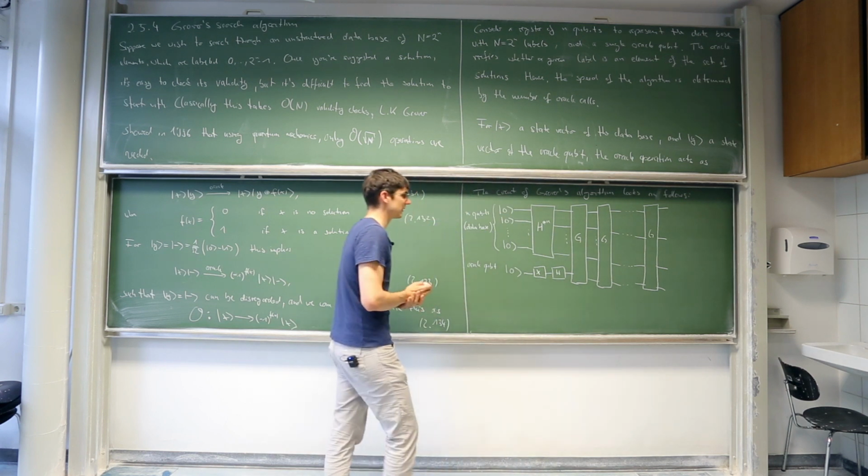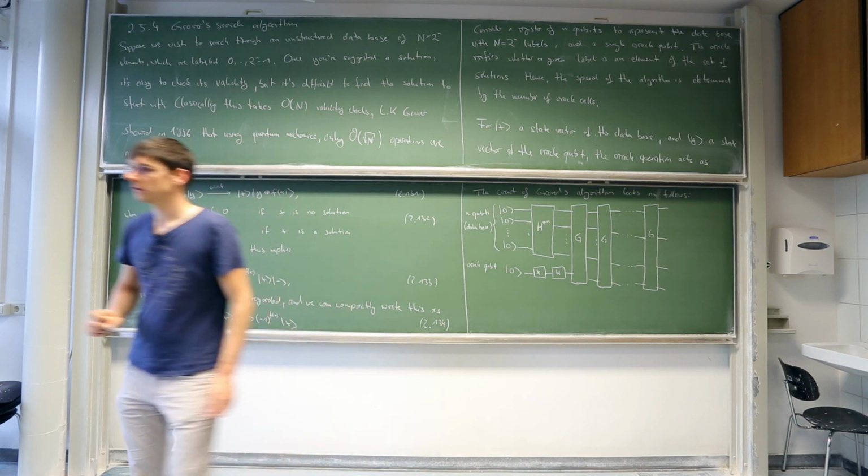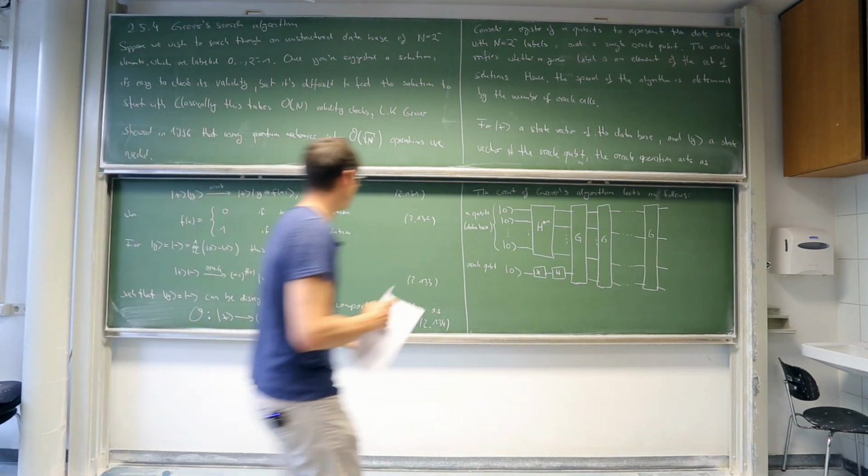And now I want to specify how this Grover iteration looks like. So first let me name this 135.